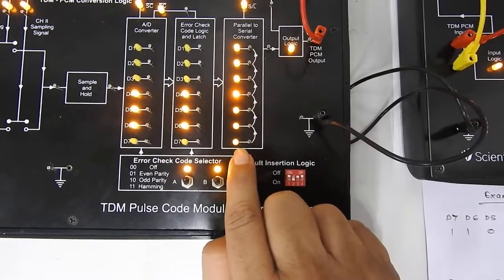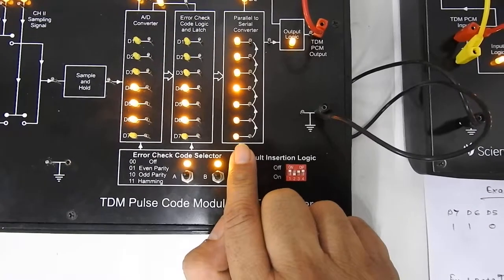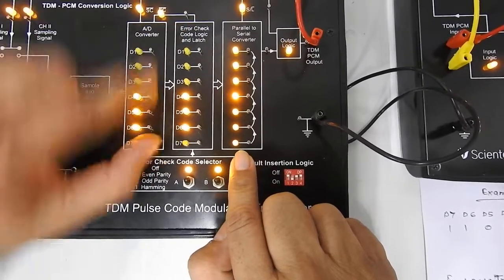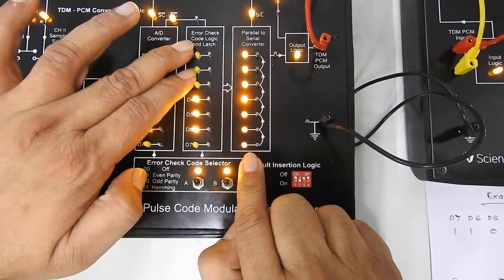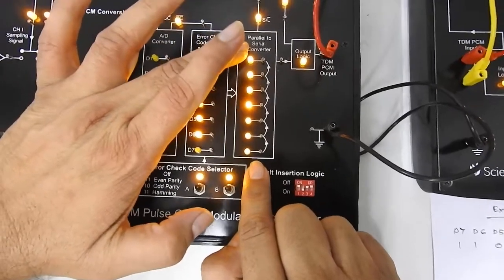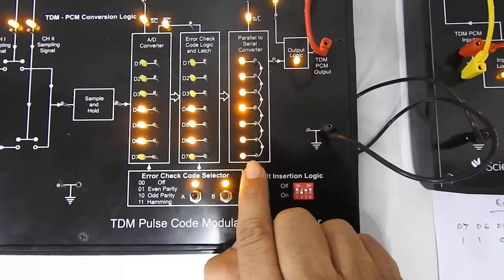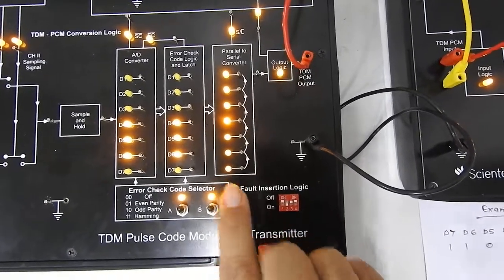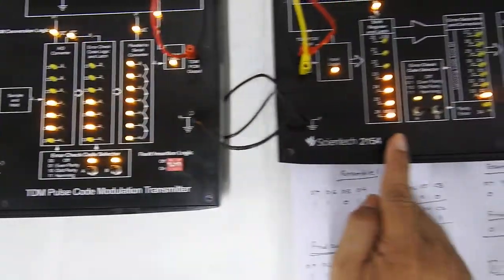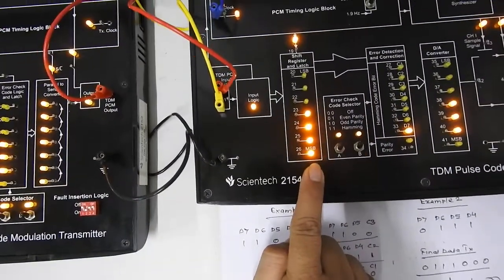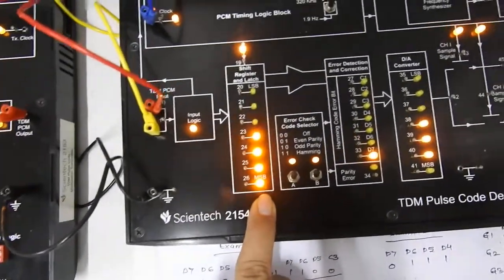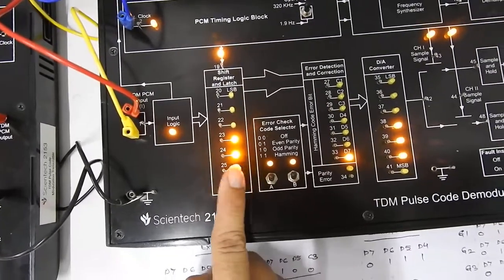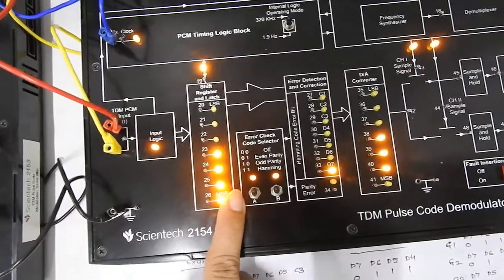At the time of transmission you can see that the data was 0111 and 000. But we made this D7 bit permanently high. Now you can see that at the receiver, instead of receiving 0111000, we received this D7 bit high.